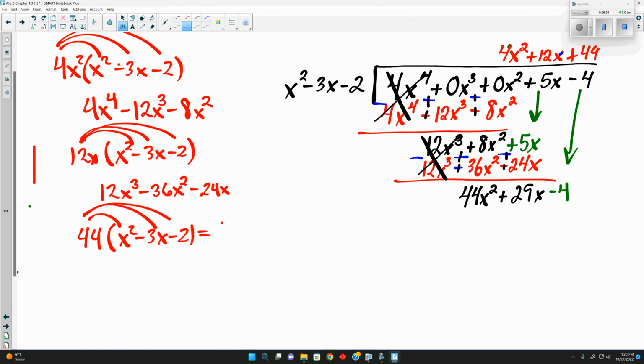And 44 times x squared is going to be 44x squared. 44 times negative 3x, well, 44 times negative 3, I believe is negative 132, and we have x. And lastly, we'll do 44 times negative 2, which is going to be negative 88. So we're going to have 44x squared minus 132x minus 88.